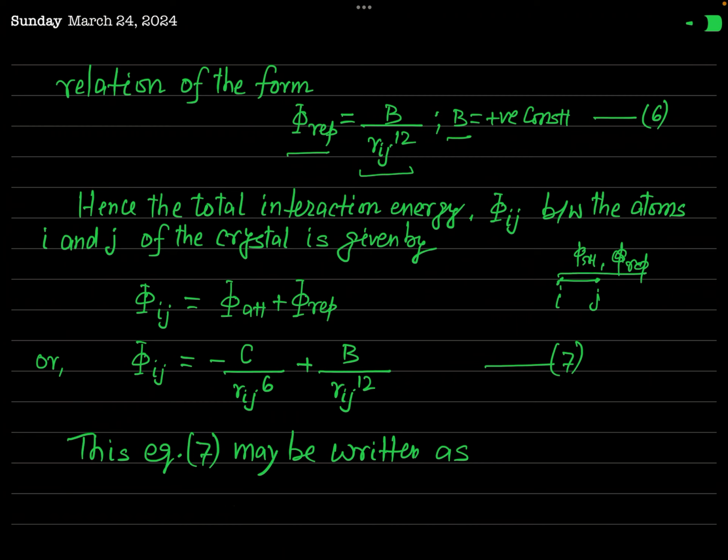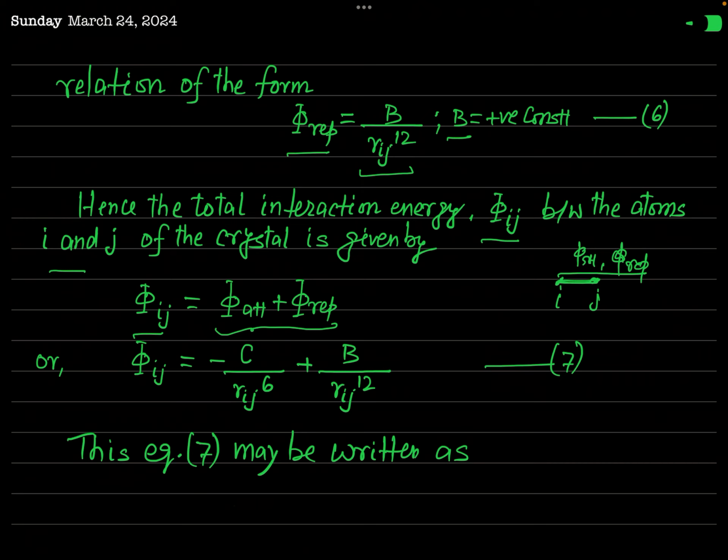Now when we add these two interaction energies, we will get the total interaction energy developed due to interaction between the ith and jth atom. So the total interaction energy phi ij between the atoms i and j of the crystal will be given like this: phi ij equal to phi attraction plus phi repulsion.